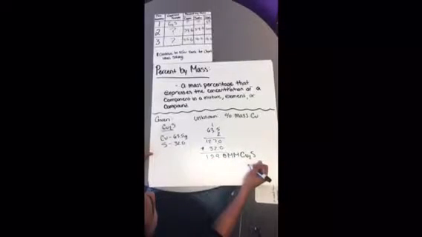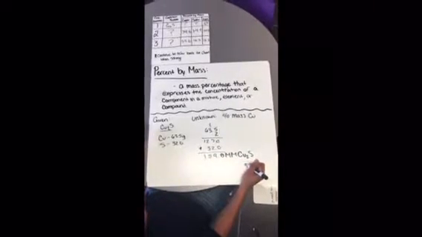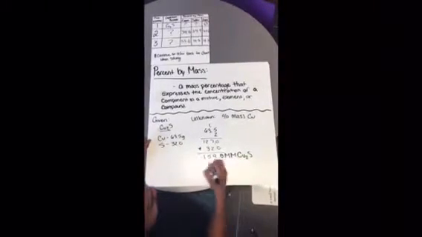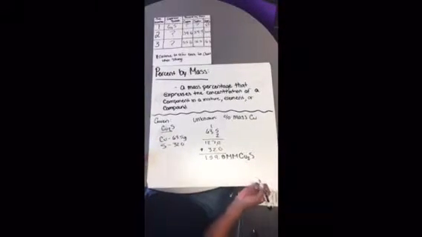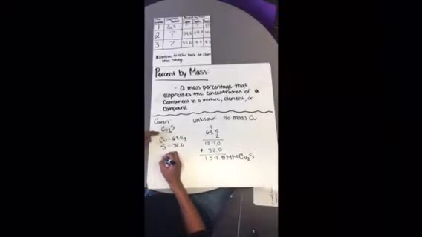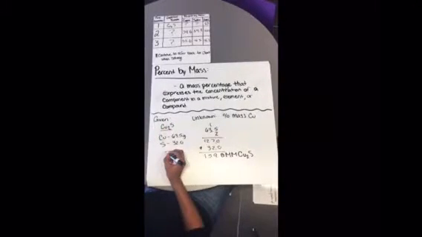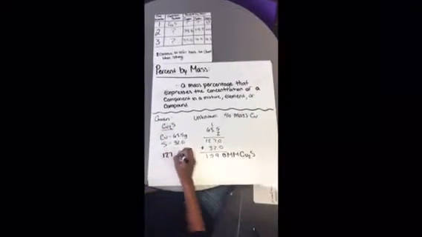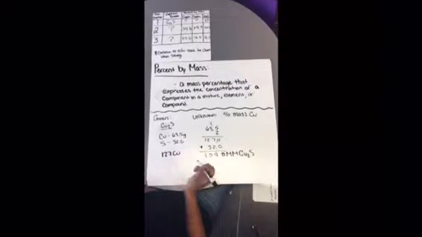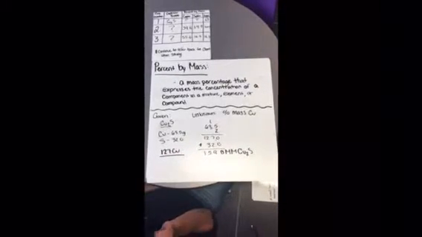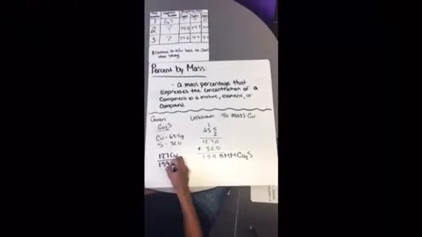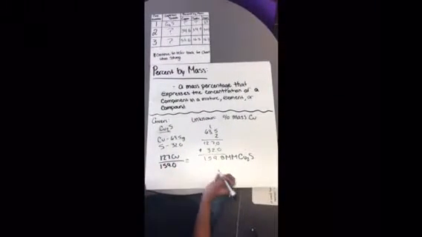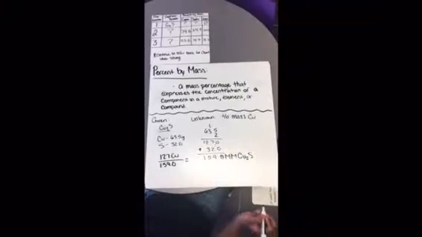Now, once you find the complete molar mass of the compound, you're going to take each one over the entirety weight to find the percent of each in the compound. So we have 127 grams of copper in the compound, over the total, which is 159 grams.